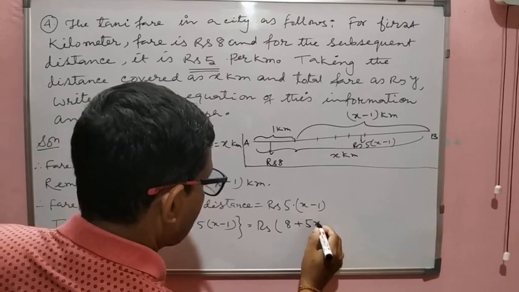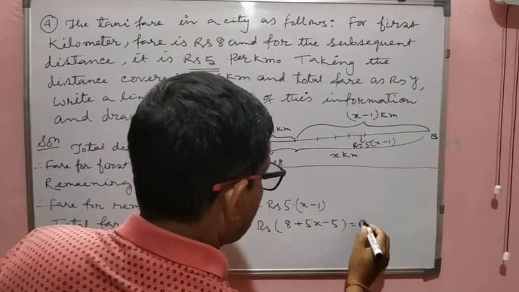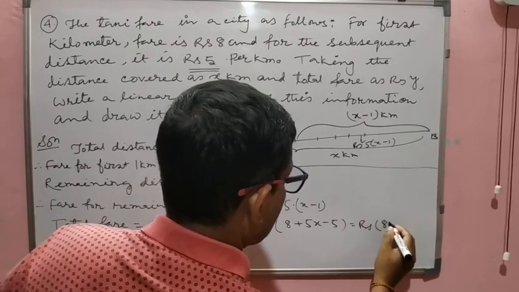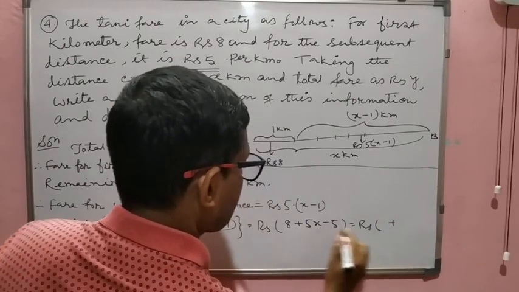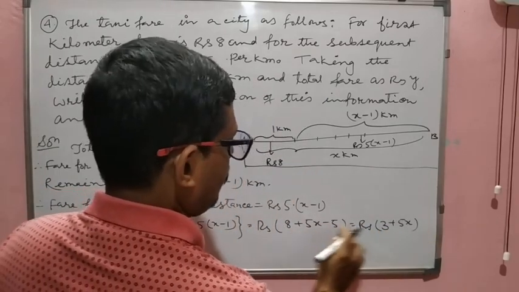₹8 plus 5x minus 5, so it will be ₹3 plus 5x, 8 minus 5 is 3, plus 5x.